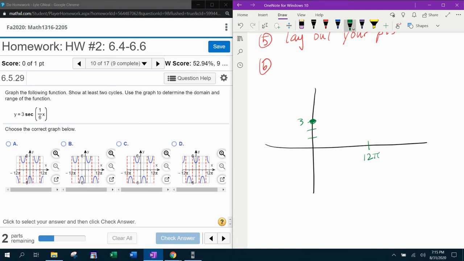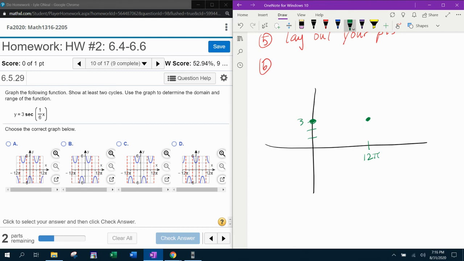You get to decide how far over to go. And the reason I'm making that 12 pi is because I started at 0. That starting point is lined up with 0 on the x-axis. And from 0 to 12 pi would be a distance of 12 pi. And you always finish where you start. So if I start up at 3, I'm going to finish up at 3. So that's my wavelength from start to finish.